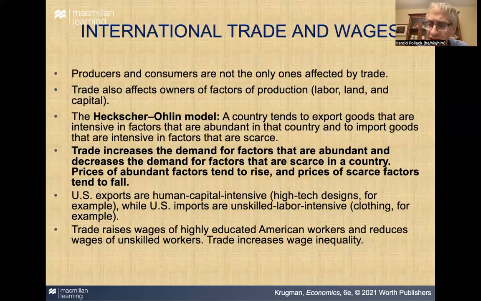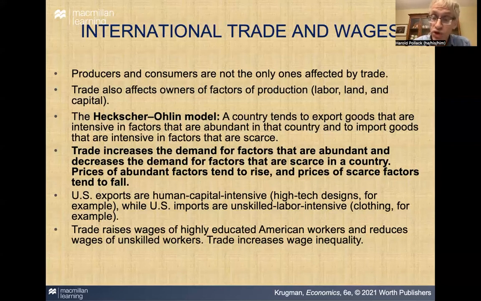Now, there's one bullet that's not here, which is you might assume from this that trade is going to make poor people worse off. And there's one problem with that. What's the problem with that? Well, the goods that we want to buy may be a lot cheaper. So, suppose that the price of an iPhone on the global market is pretty low. Well, American workers who might produce an iPhone, their wages might take a hit.